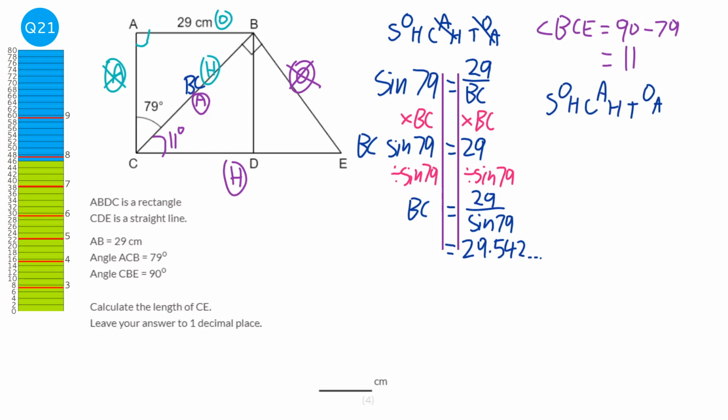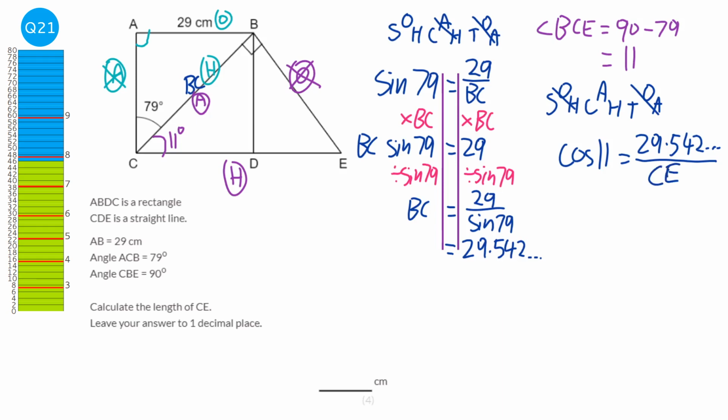We're not using O, so we get rid of sine and tan, and it's going to be a cos. So it's going to be cos 11 equals the adjacent, which is the BC value we've just worked out, over the hypotenuse, which is CE.